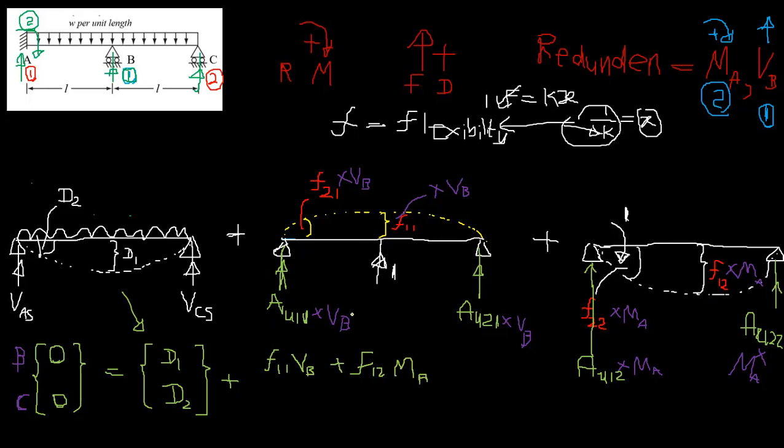At C, you have F21 into VB, plus, these are all simple terms, right? Simple F, flexibility. F22 into MA. That is the shape of each structure at B and C, right? So that gives you, right?